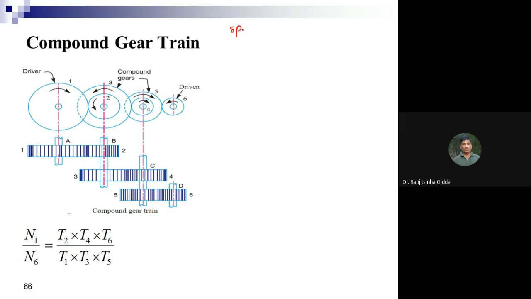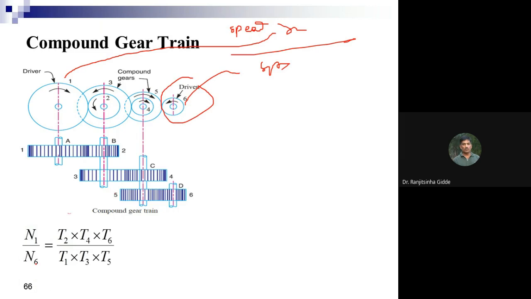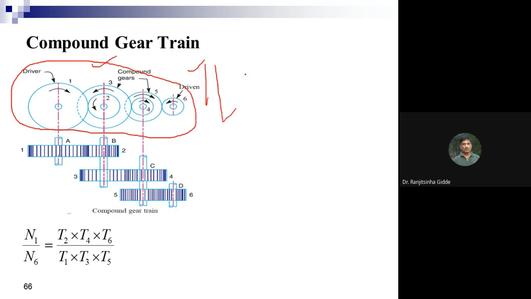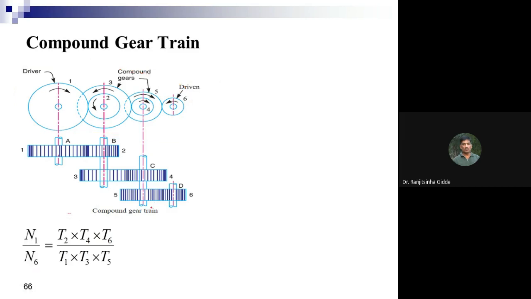Speed of driver divided by speed of driven is nothing but the speed ratio, and this right hand side we need to find. I am repeating this because such combinations are given in the examination, and with the help of that table we are going to find the speeds of various elements.